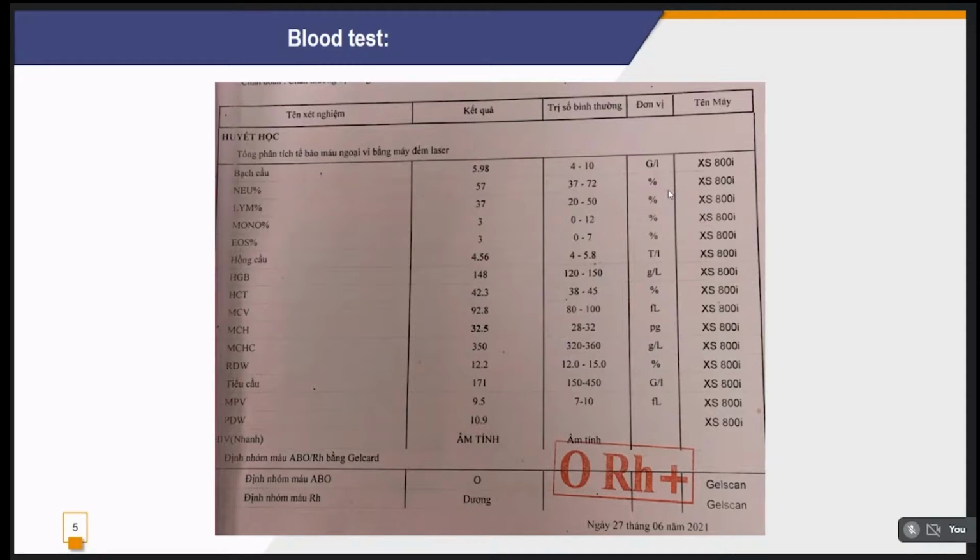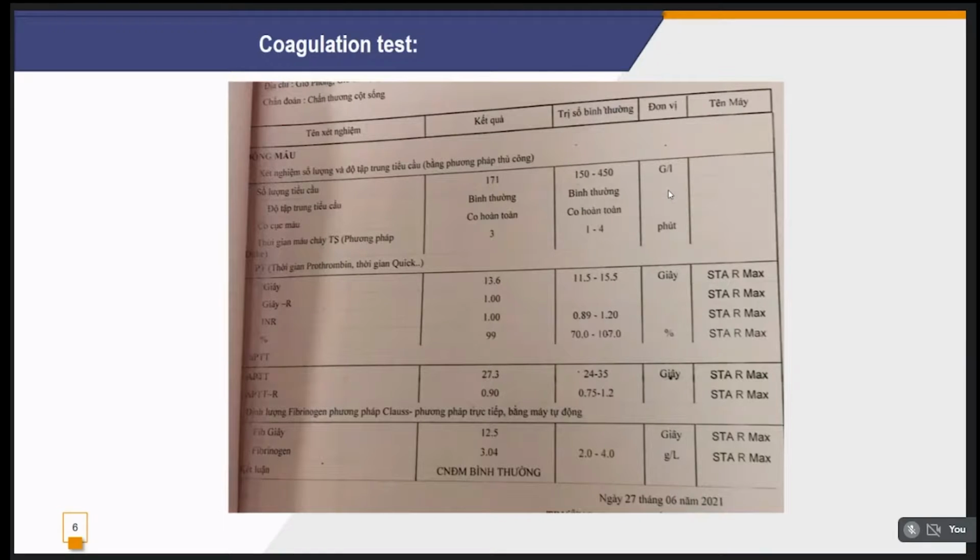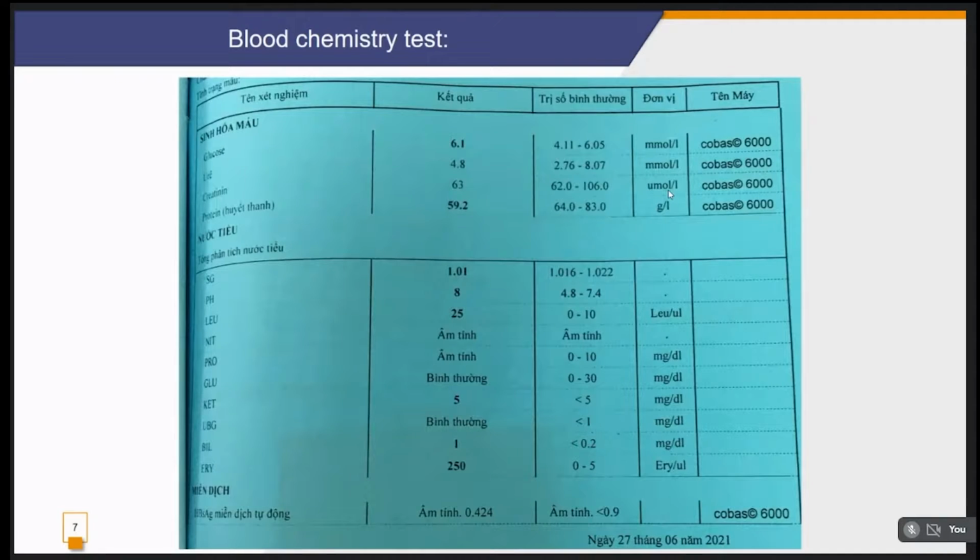The white blood cell, the hemoglobin, and the platelets are normal, and the coagulation test is normal too. In the plasma chemistry test, the creatinine is normal.